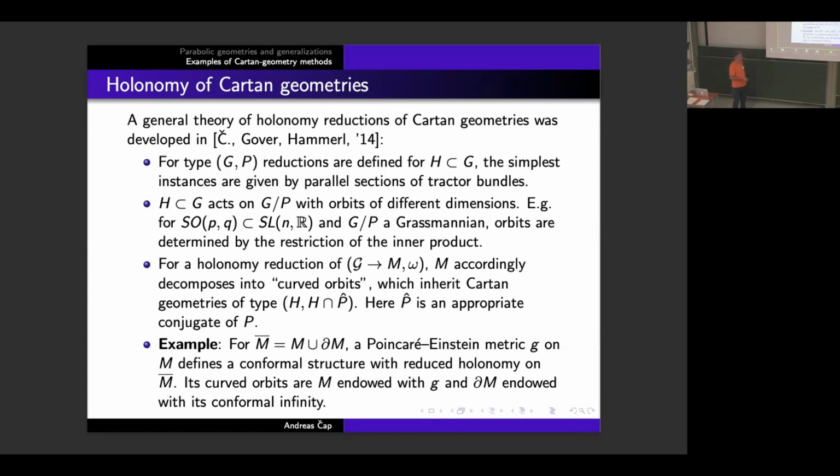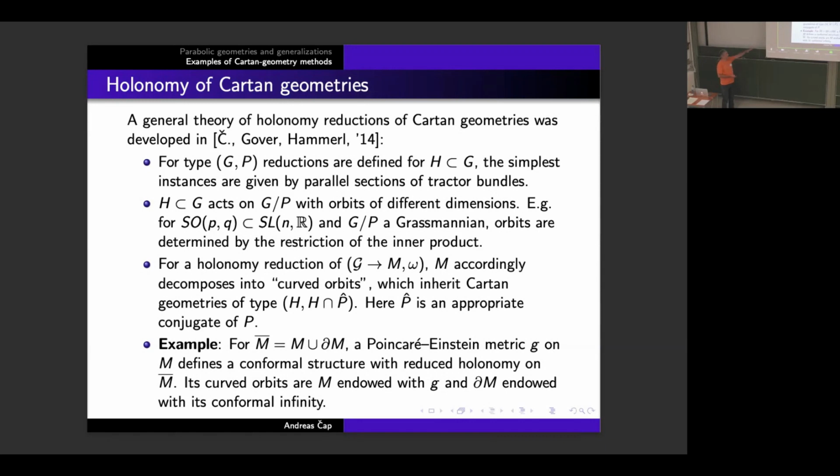Yes, in this case, the curved orbits are exactly the interior and the boundary, and the induced Cartan geometries are Riemannian. And from normality, you can deduce that it has to be Einstein and a general conformal class on the boundary. And this is the basis of all these boundary calculi that Roth will talk about in his series of lectures.